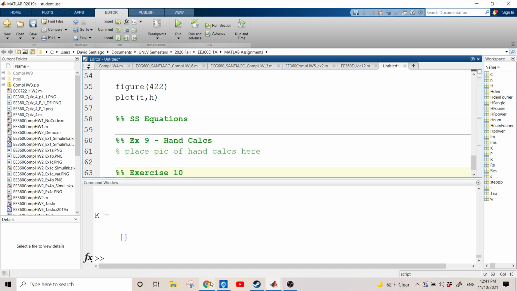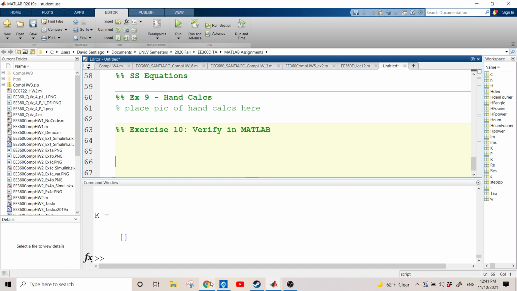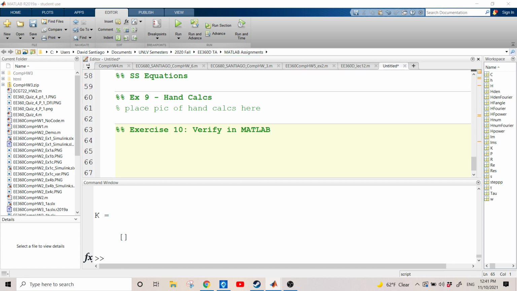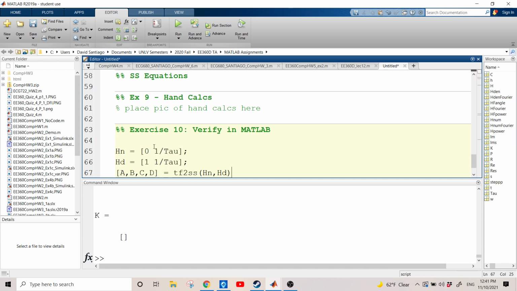Exercise 10. Verify in Matlab. All right, how do we verify in Matlab? And I'm just going to copy paste this from here. There we go. Boom. Look at that, right?